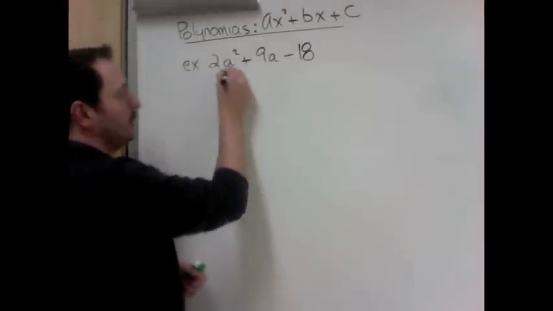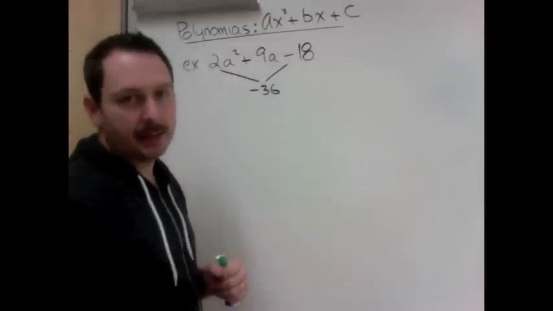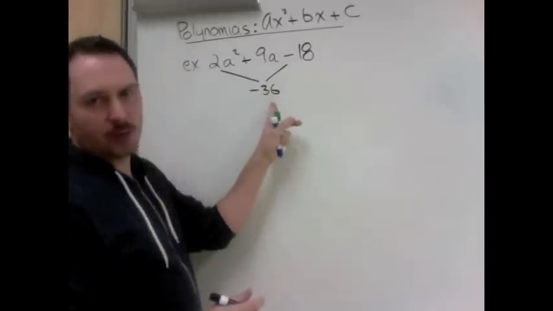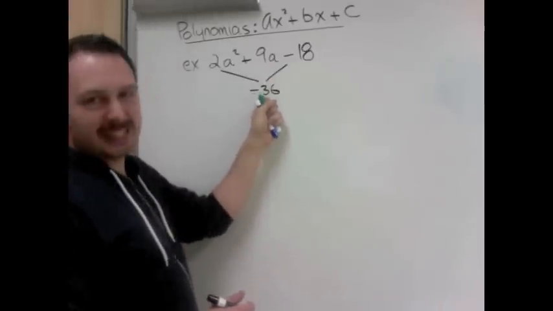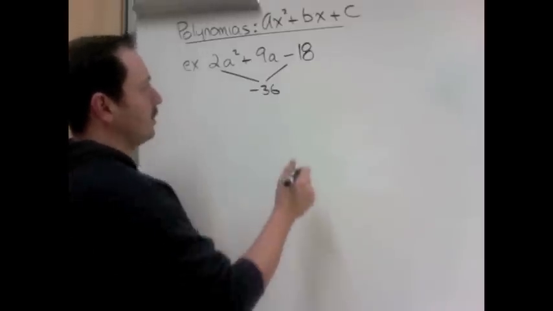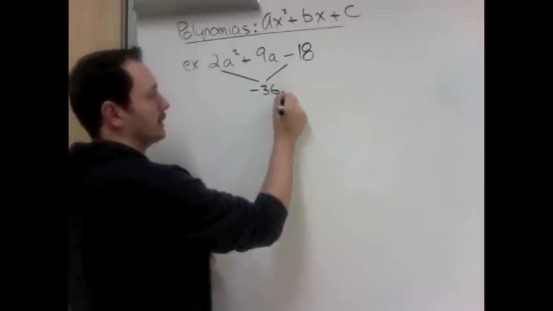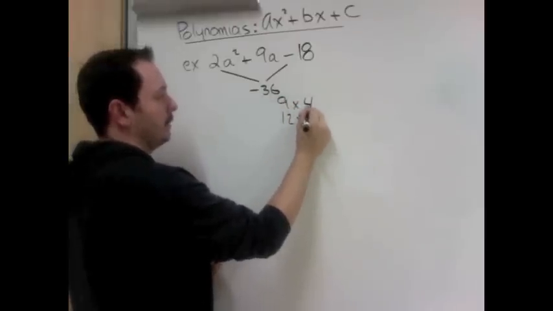So first, we need to find what multiplies to negative 36 and adds to 9. Well, I know it's not 36 and 1 because those numbers are too big. It could also be 18 times 2, but those numbers are too big. 36 is also 9 times 4, and it's 12 times 3.